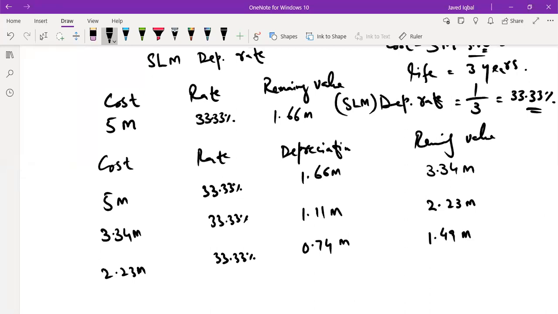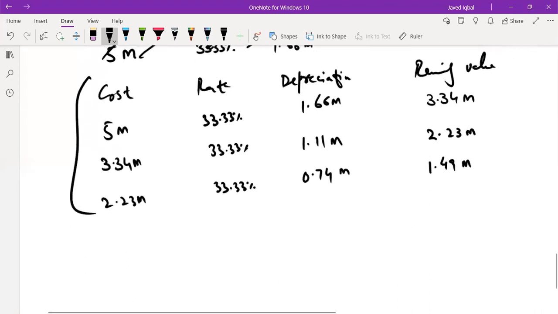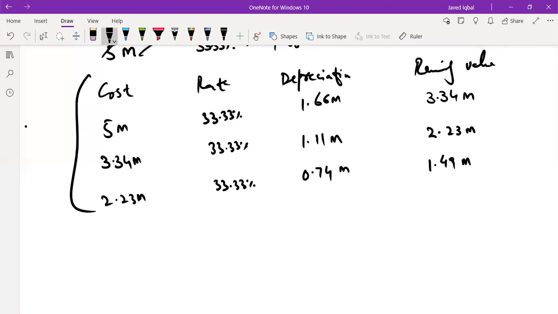So this was the declining balance method.